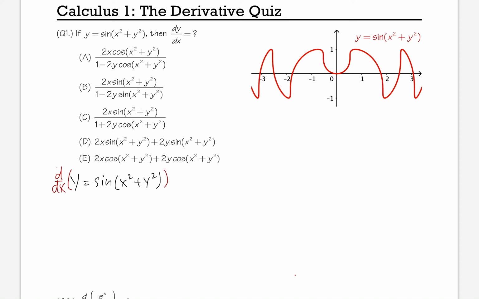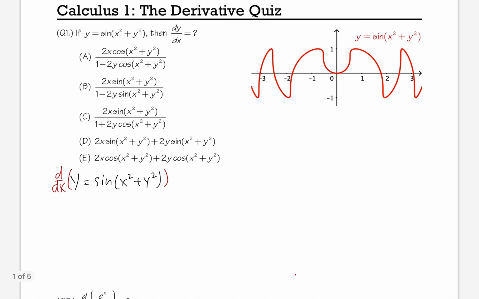d/dx. On the left hand side, the derivative of y with respect to x is just dy/dx. Now, the derivative of sine will be cosine, and the input stays the same, so we have x squared plus y squared. Then we will have to use the chain rule. We have to multiply by the derivative inside.